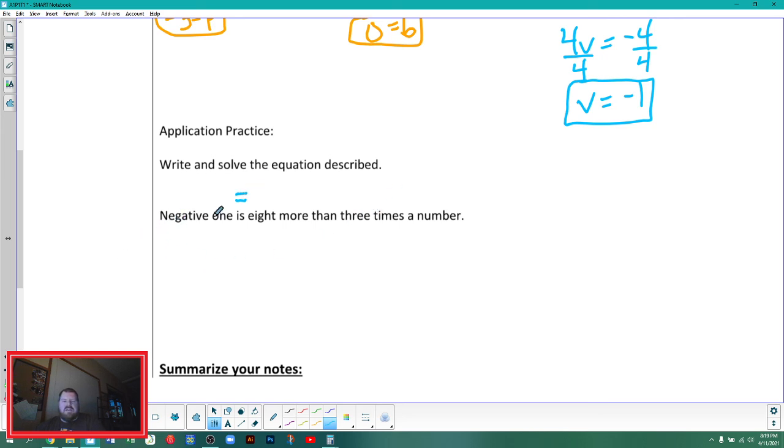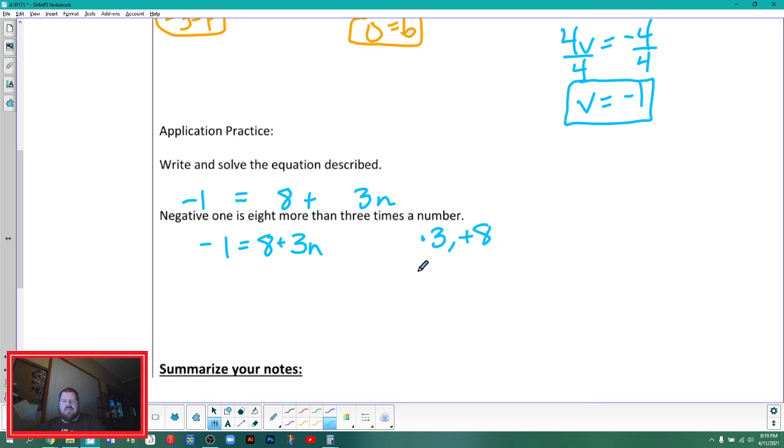Okay, so this says that negative 1 is 8 more than, it's going to mean plus, 3 times a number. Well, I pretty much wrote the equation there. Don't have to really decode that anymore. Now what's happening to n? It's being multiplied by 3 and then added to 8.